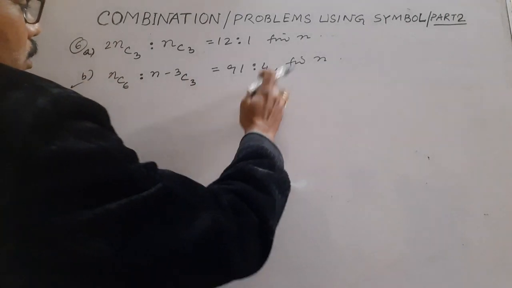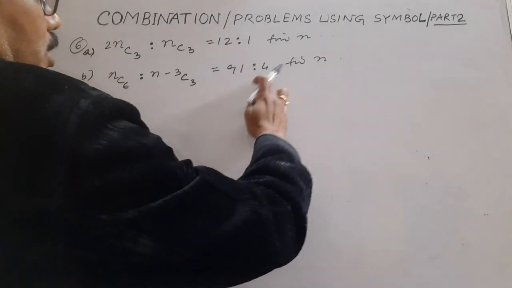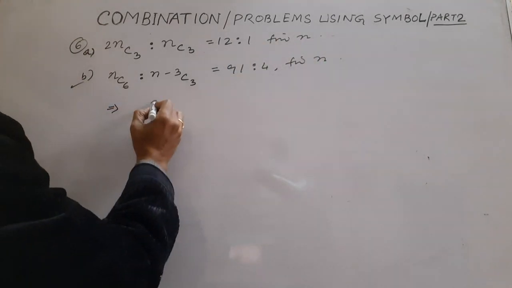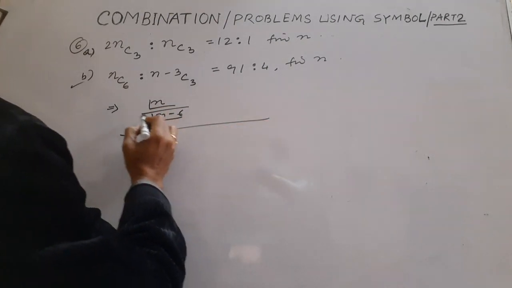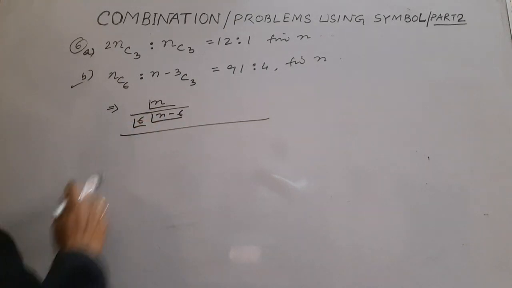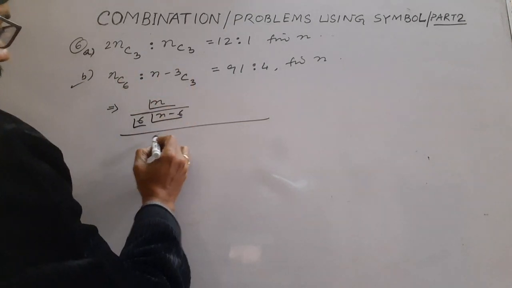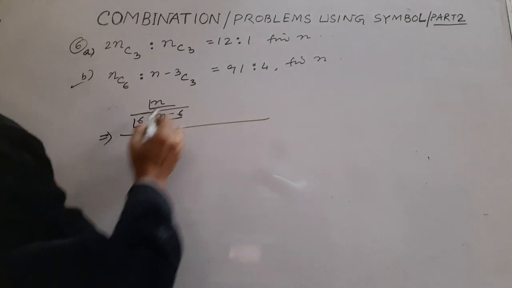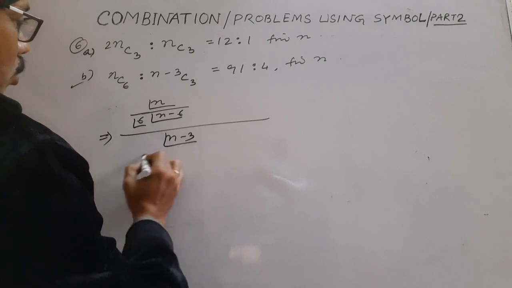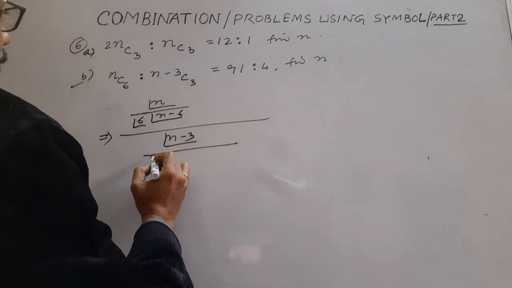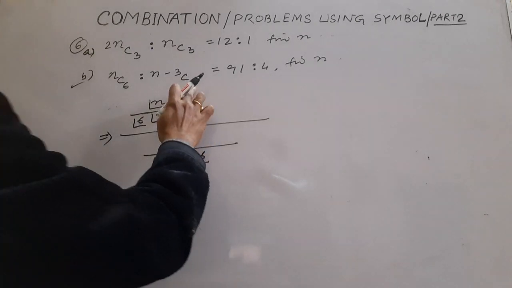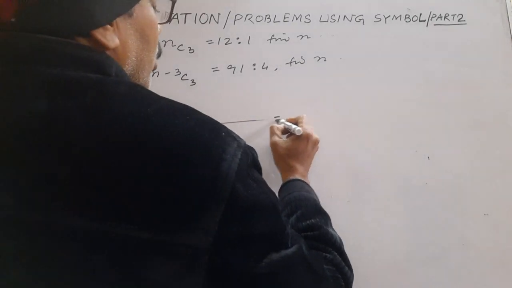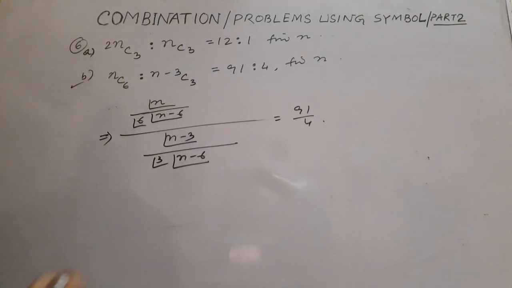nC6 by n minus 1 C3 equals 91/4, find n. So nC6 is factorial n by factorial 6 into factorial n minus 6, and n minus 1 C3 expansion is factorial n minus 3 by factorial 3 into factorial n minus 6, equals 91/4. So factorial n minus 6 cancels.